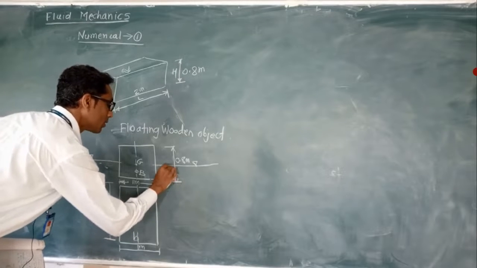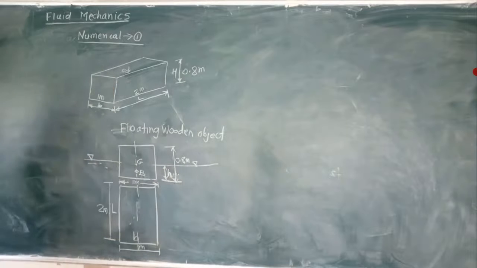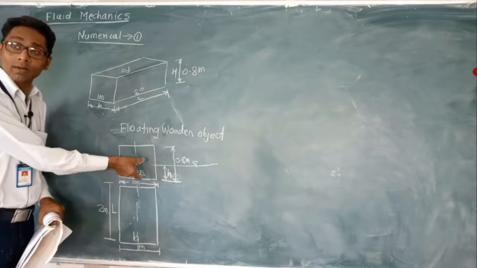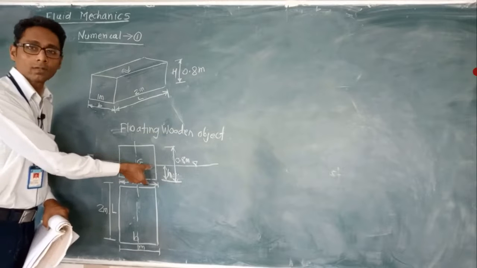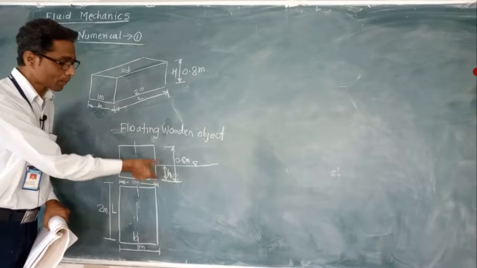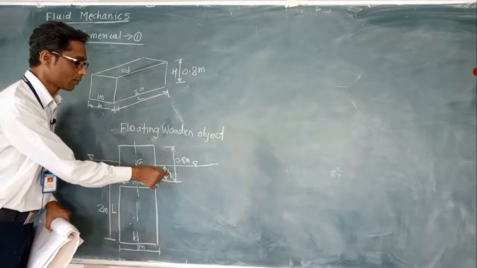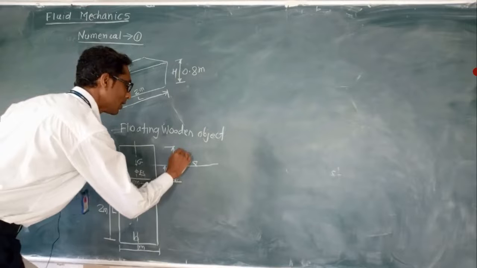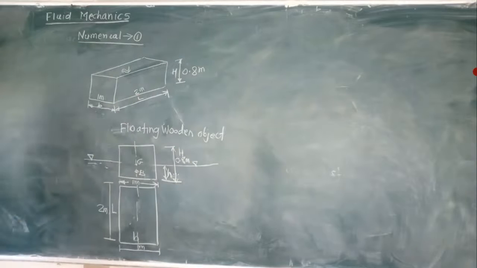Depth of immersion. About this we have seen one lecture. Depth of immersion is the portion of the body immersed below the water or below the liquid. That is called depth of immersion, that is small h. Okay, and 0.8 is the capital H, means height.